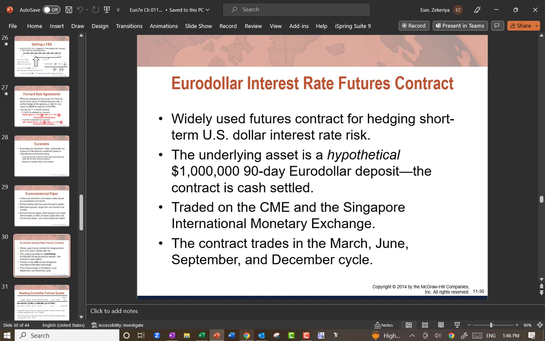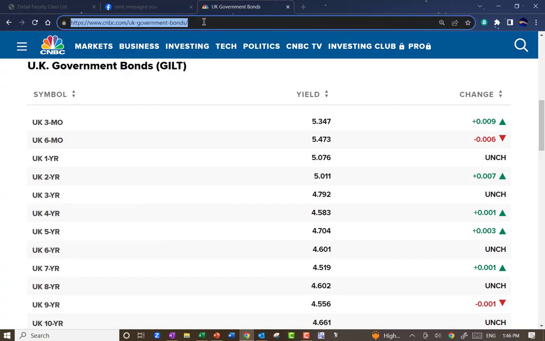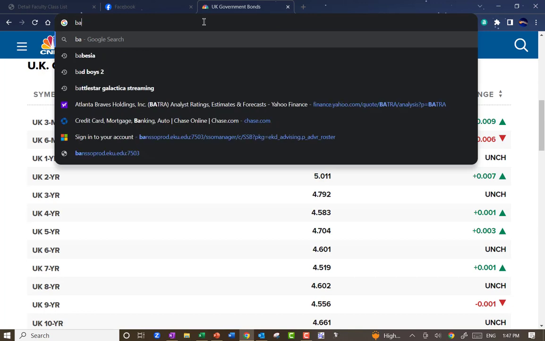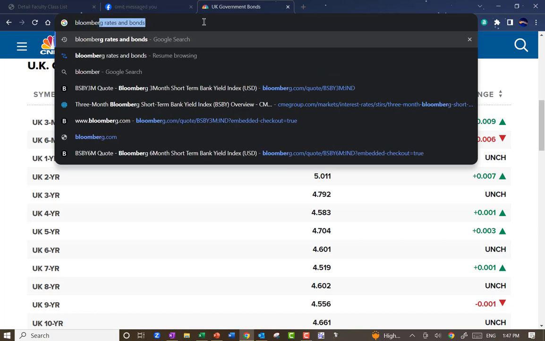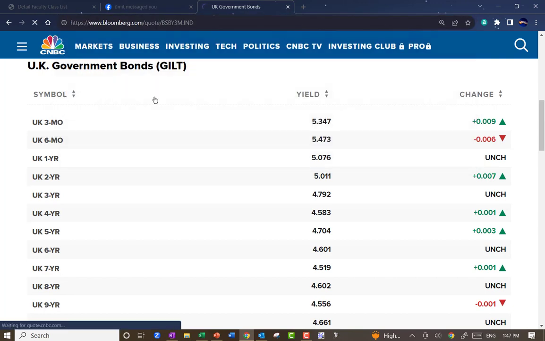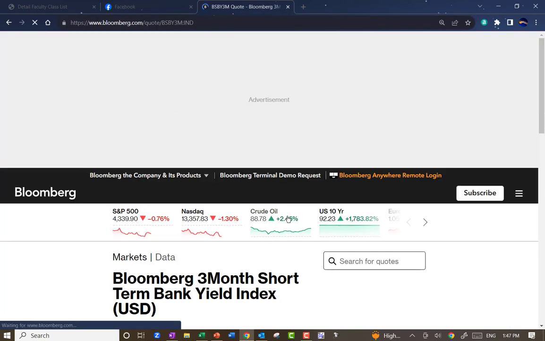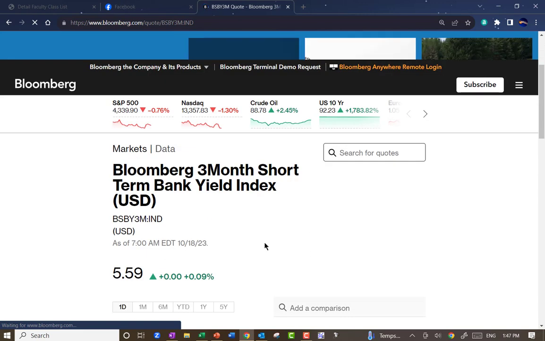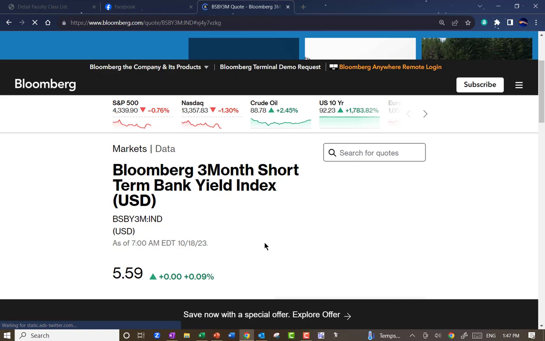Now, as a reference rate, there is Bloomberg's 3-month Short-Term Bank Yield Index, currently 559.